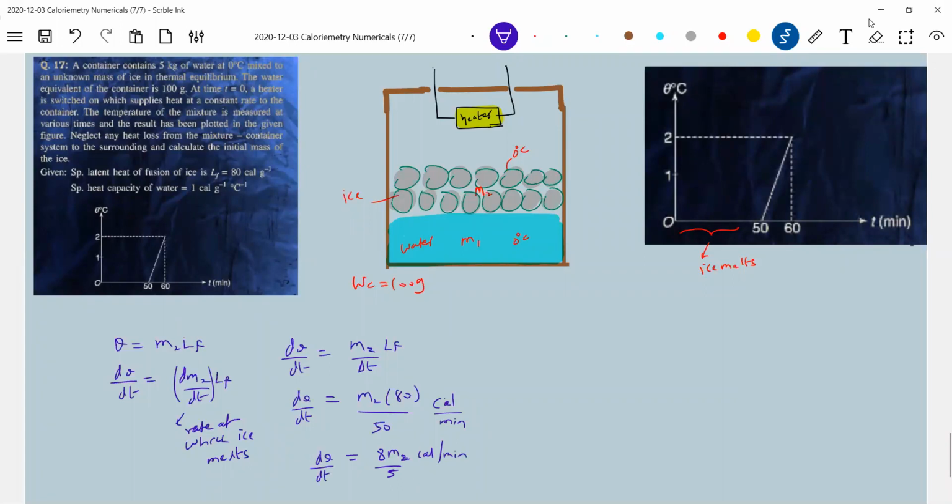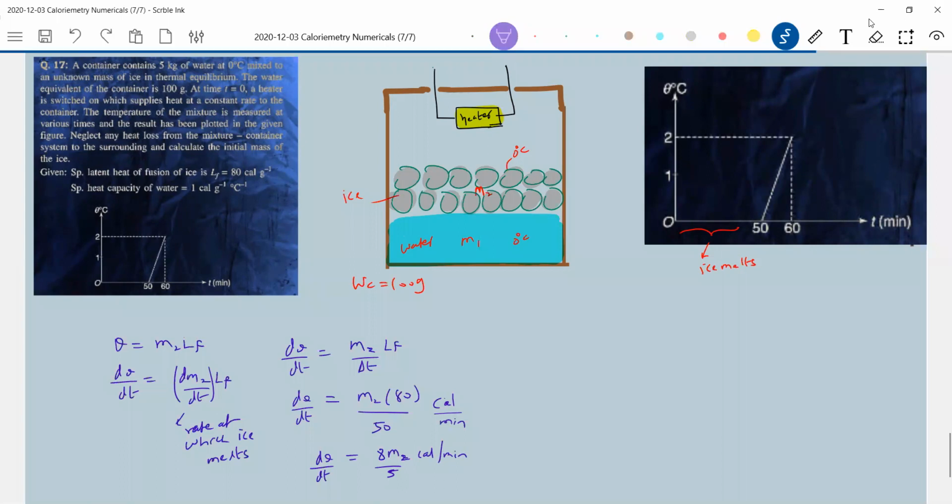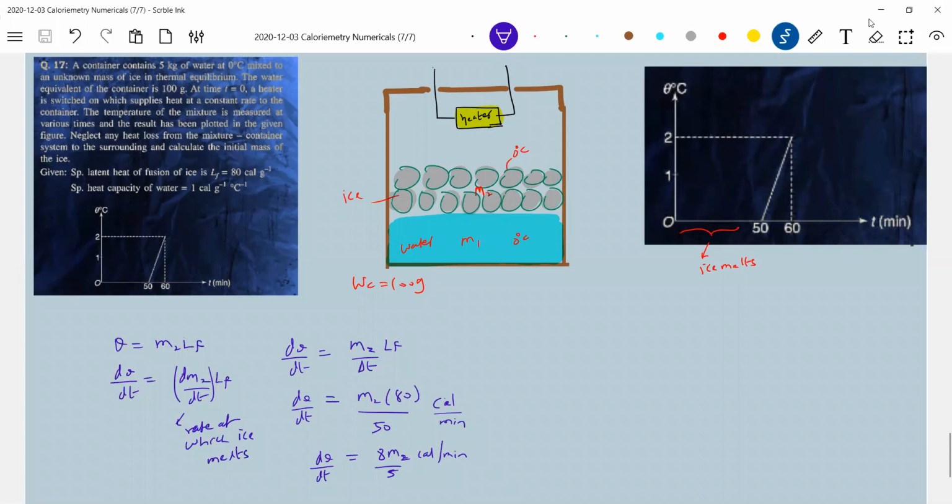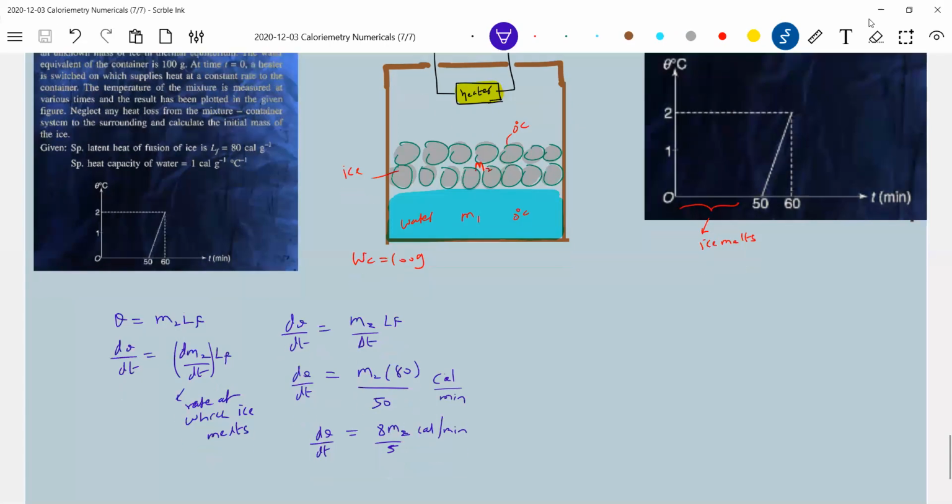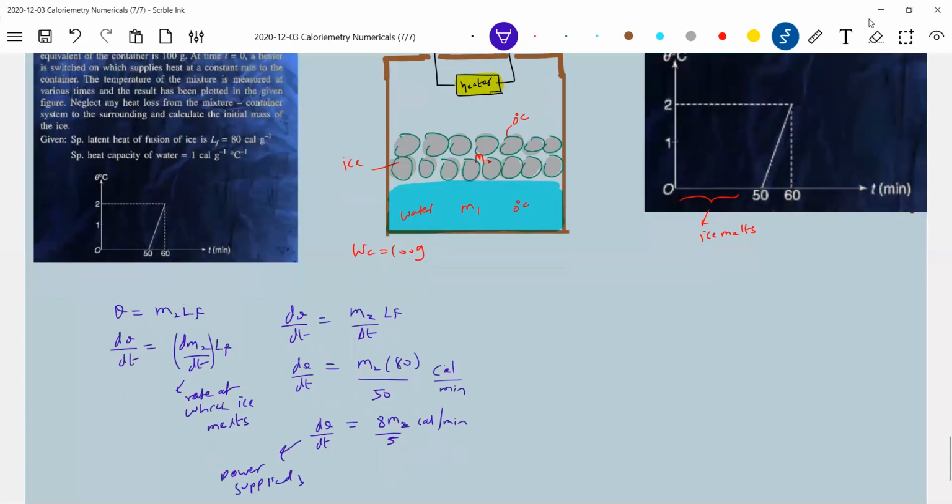What is dQ by dt? The rate at which heat is supplied by the heater, or the power supplied by the heater. So we call it the power supplied by the heater.